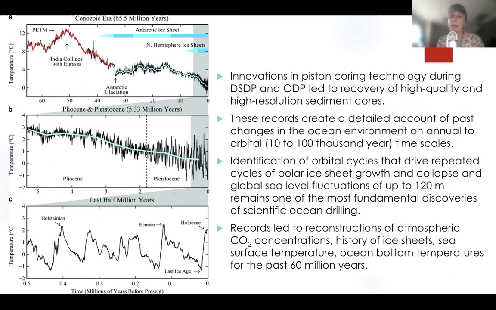And with these records, we've been able to create detailed accounts of past climate change or past changes in the ocean environment from annual scales through to tens to hundreds of thousands of years.